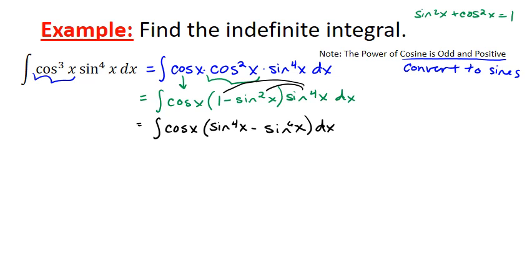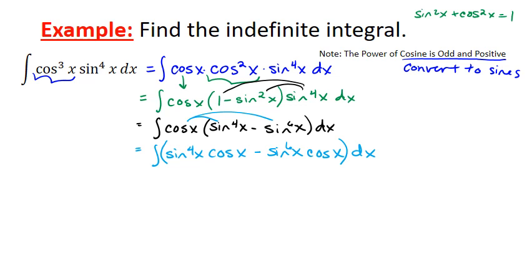Now moving along, what I can do is distribute this cosine. If you want to do that in one step, that's perfectly fine. So now I have sine of x to the 4th times cosine of x minus sine of x to the 6th times cosine of x dx.